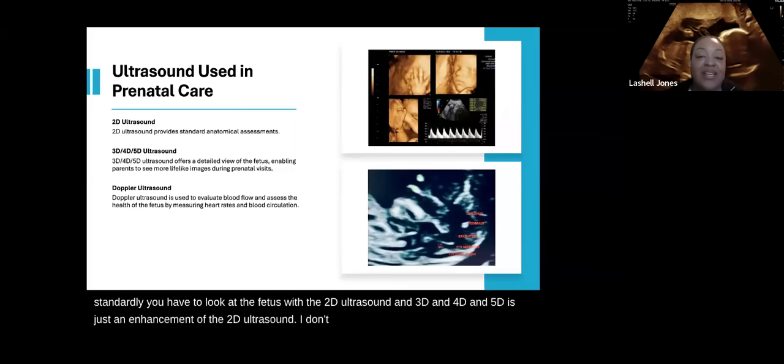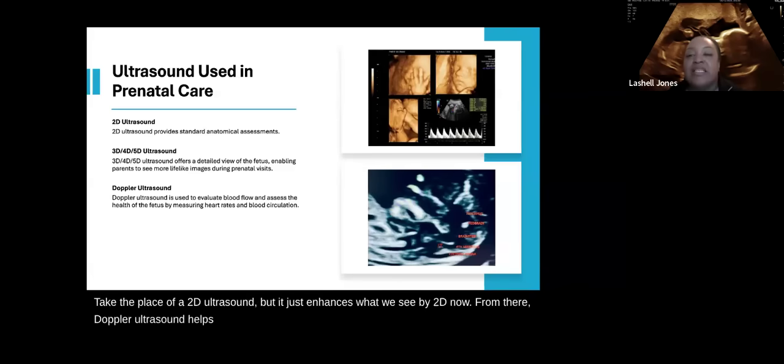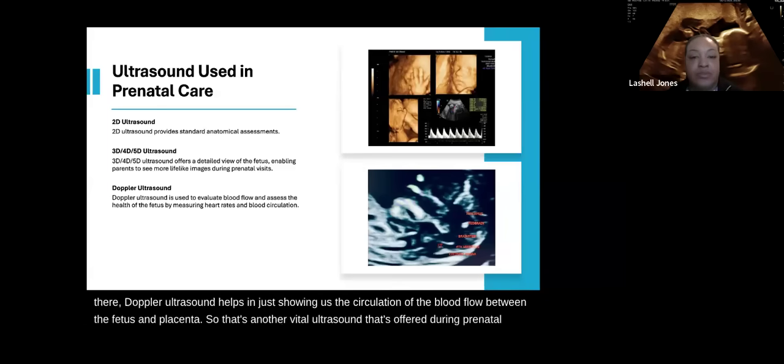I don't think that it will take the place of a 2D ultrasound, but it just enhances what we see by 2D. Now, from there, Doppler ultrasound helps in showing us the circulation of the blood flow between the fetus and placenta.